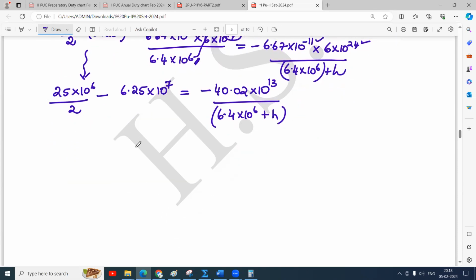Okay, next step. This will be 12.5, because divided by 2 is 12.5. But I want 10 to the power 7 if I want to subtract this number from the previous one.